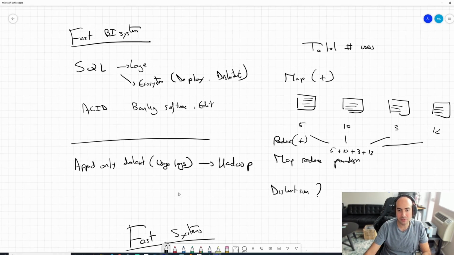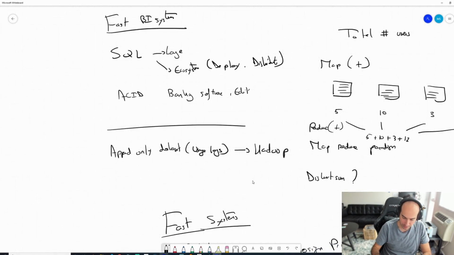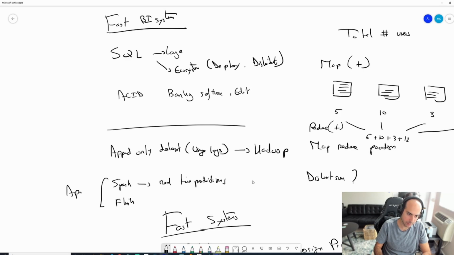Hadoop works under the batch paradigm, but people have built libraries on top of it, specifically Spark, to do real-time predictions. More recently, a lot of people have been talking about Flink, which is also for real-time predictions. Both are under the Apache open source community.